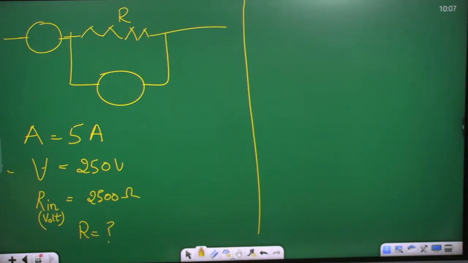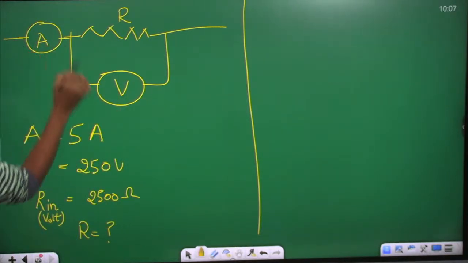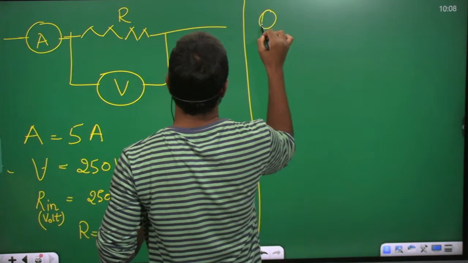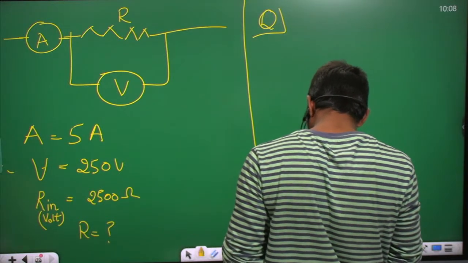Do we connect in series or parallel? Yes, Soumya, she's saying parallel. Voltmeter we connect in parallel, ammeter in series. So try to answer this question. Okay, Soumya, correct. See, voltmeter is used to measure the potential difference, ammeter is used to measure the current.